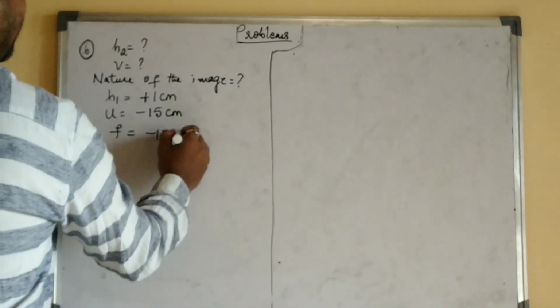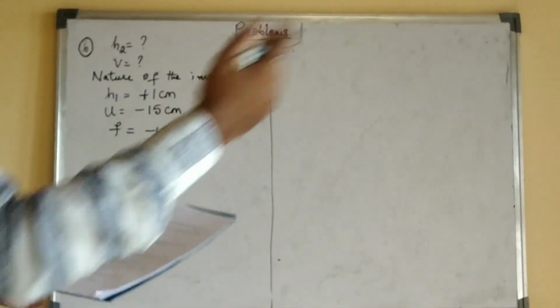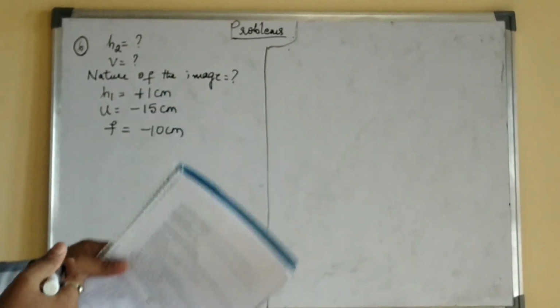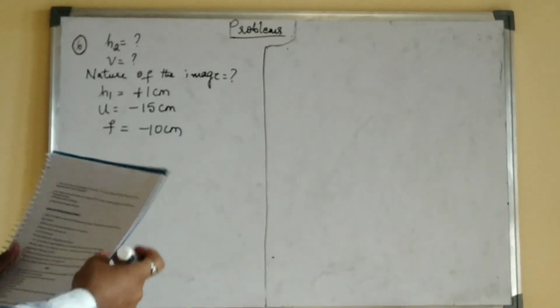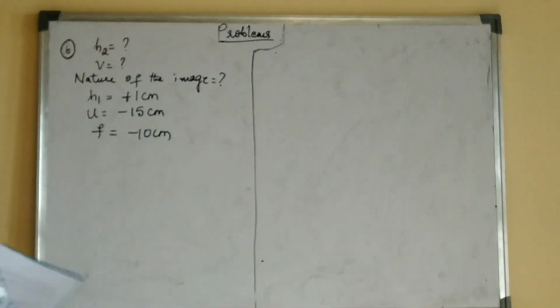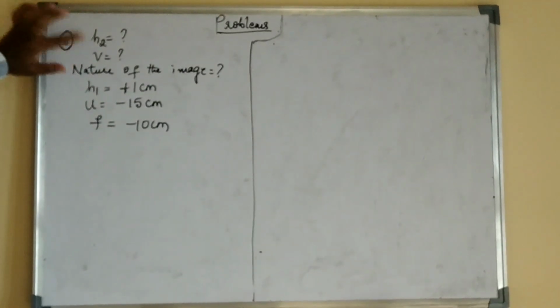You know why we are taking minus sign? Because we are considering the concave mirror and also the measurements has to be against the incident ray, that is from the pole of the mirror. So that's why negative. Now we have to find out, as I told you, H2 and V.